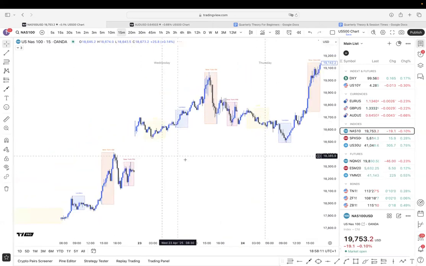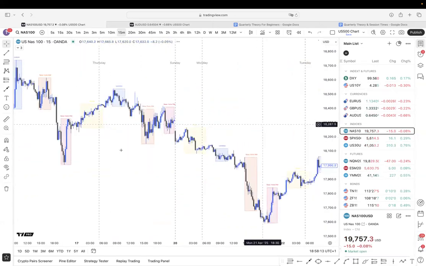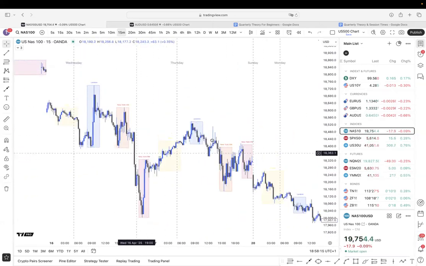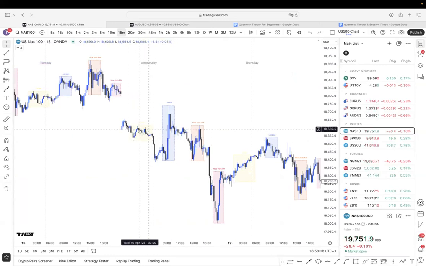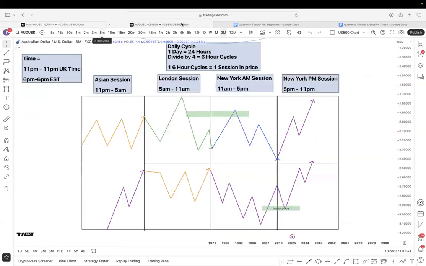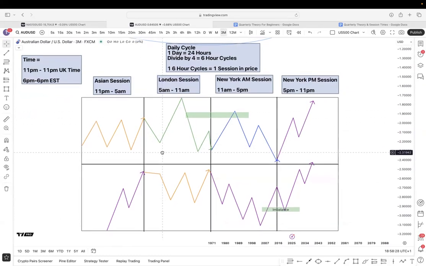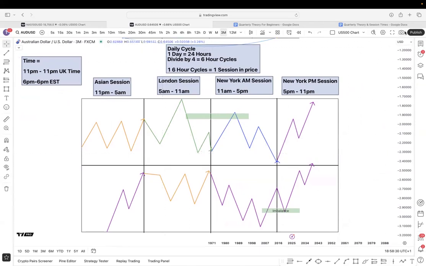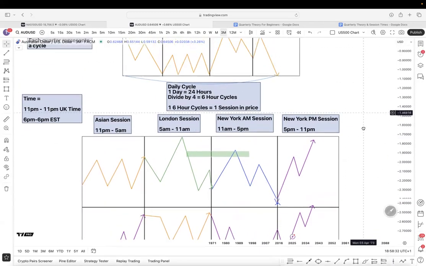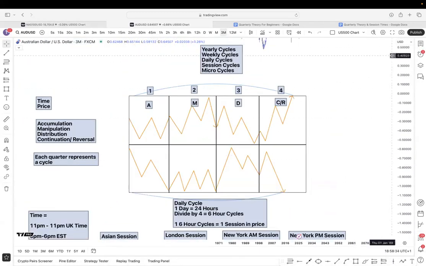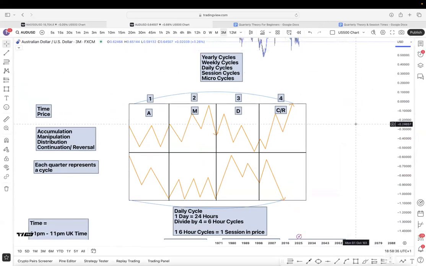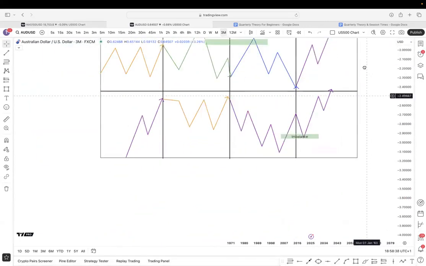So the examples in terms of real chart stuff are actually a lot harder to find, and that's why a lot of people tend to struggle. You've got a pretty good one here: accumulation, manipulation, distribution. But I want to help you find the best setups. And the easiest way to explain it in this instance is going to be more or less presented around what the Asian session is now doing for you.